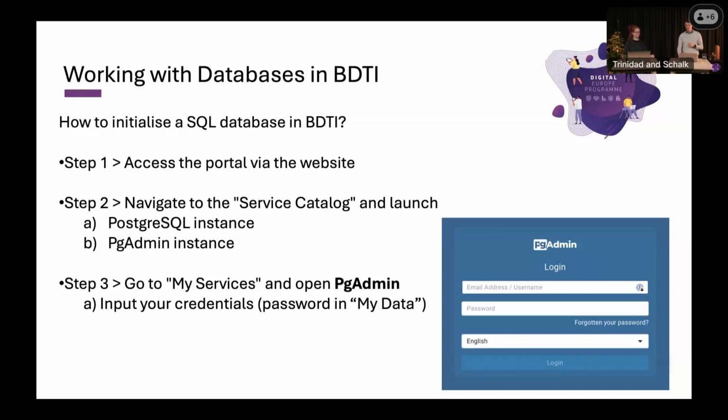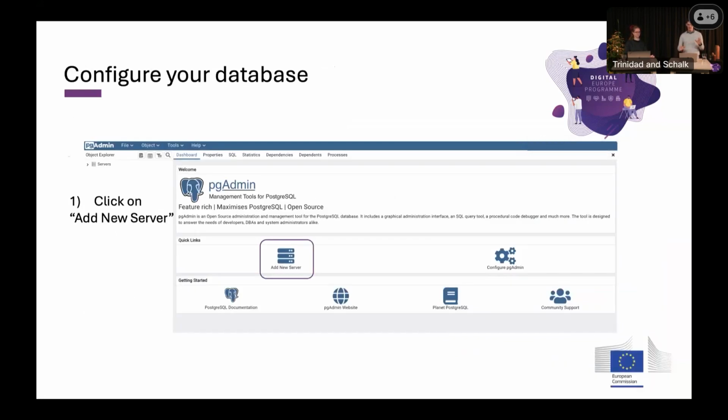We're not going to do it live for the sake of time, but let's say now people have done that. They went to the catalog, they chose the two instances that they wanted to create, they launched them, and now they open pgAdmin, the user interface, for the first time. What would they be doing next?